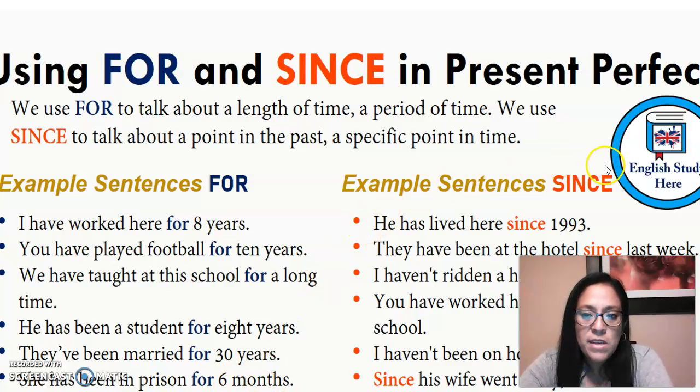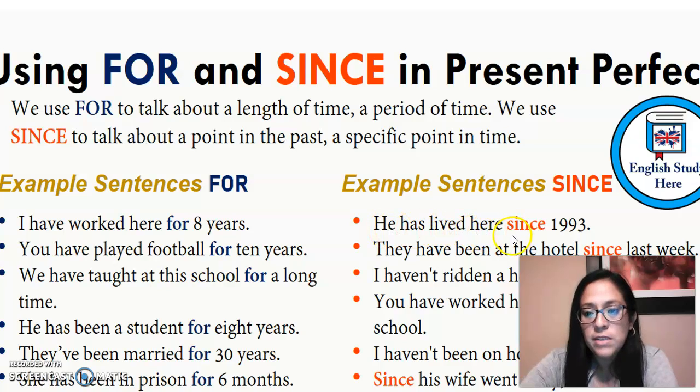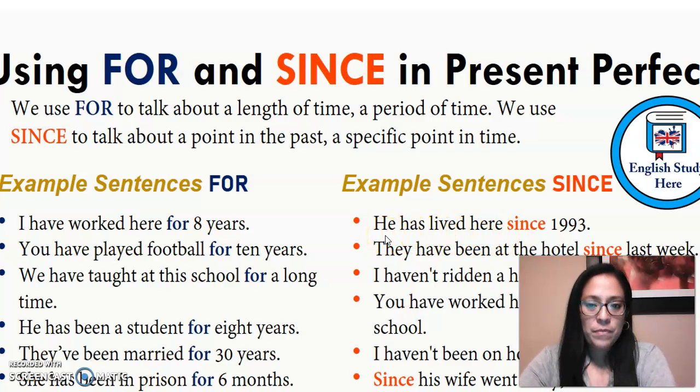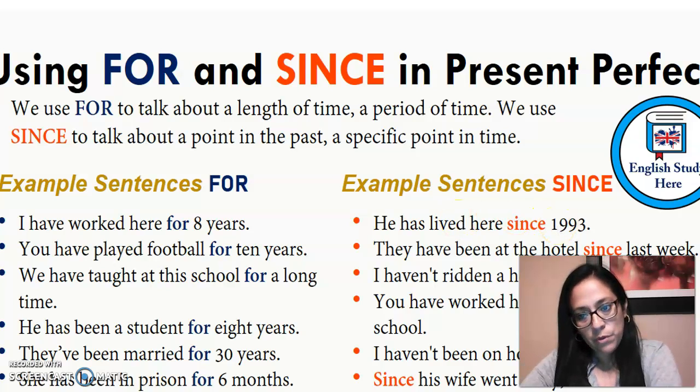And in the case of since, we have to mention a specific point in time. It could be since 1993. Now here we have the example. He has lived here since 1993. So it means that he started living there in 1993 and the action is still in progress.